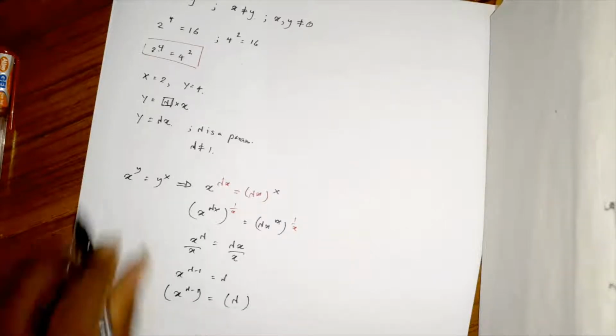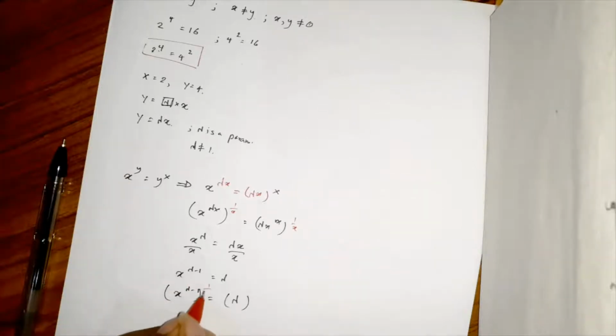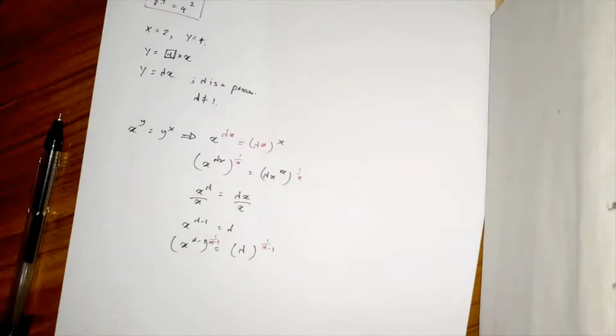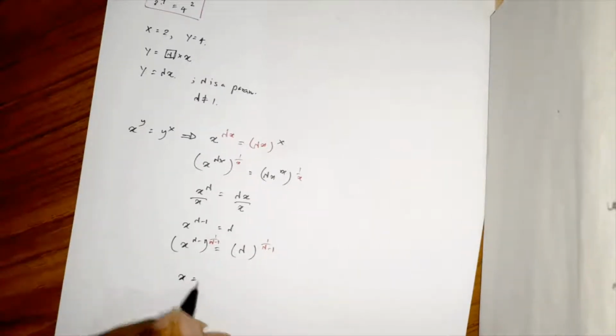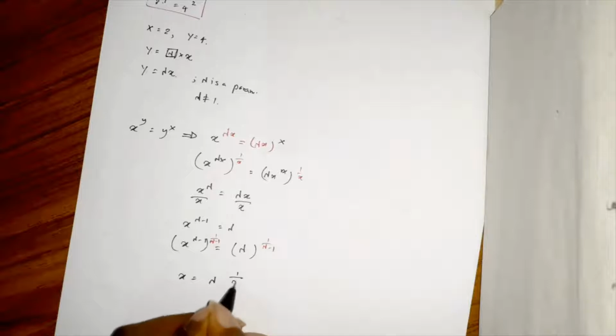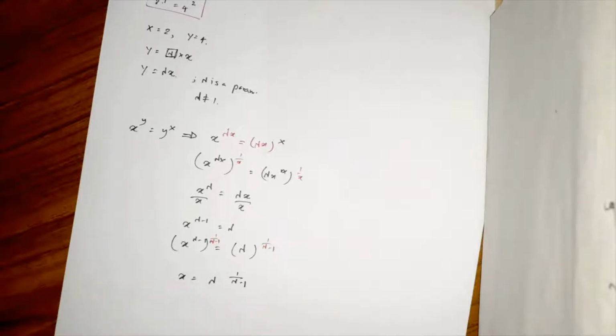Let's take the power 1 over lambda minus 1. Finally we got x equals lambda to the power 1 over lambda minus 1.